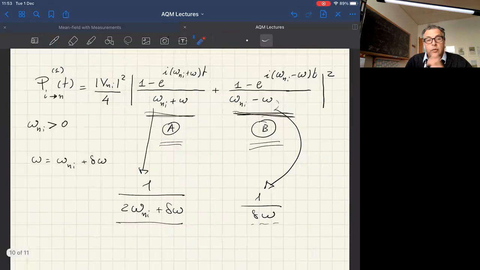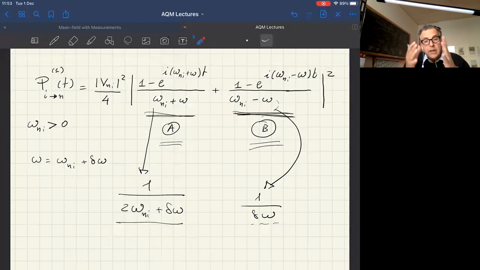Now we have two frequencies. One is the external frequency omega, and the other is the natural frequency. Because the system has many levels, it's not like the harmonic oscillator, where there is only one natural frequency.